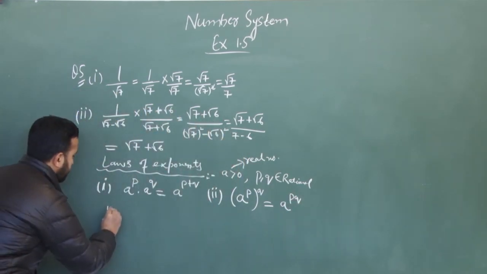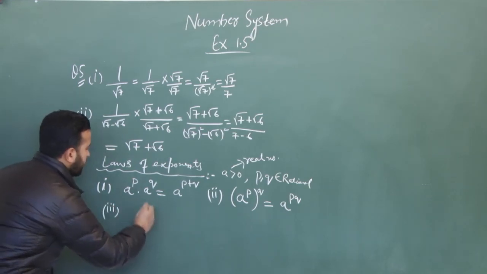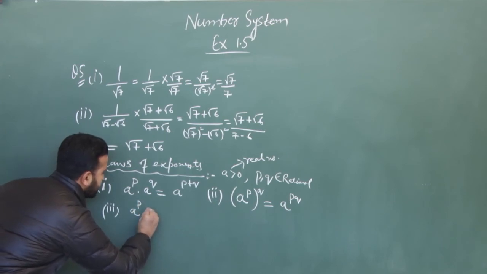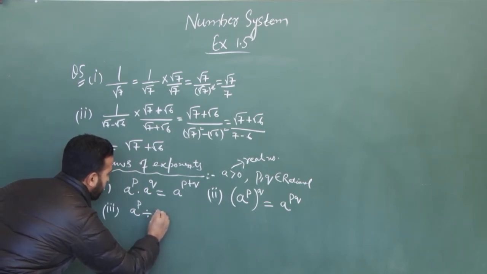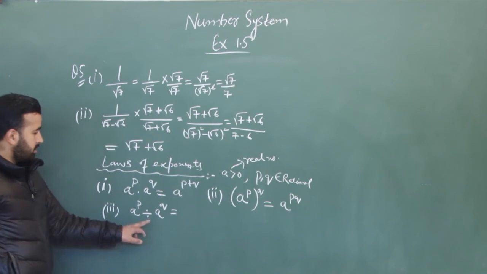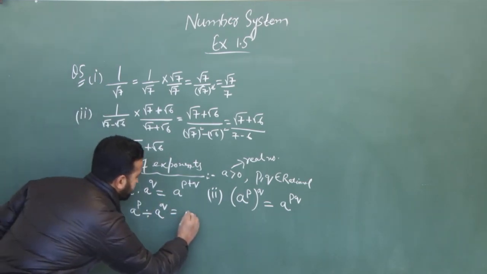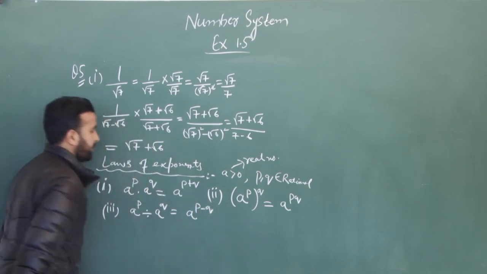Then third, in case we use the quotient of the numbers, that is the division operation, a raised to the power p and a raised to the power q, in this case we have to remember that these powers will be subtracted. So it will be a raised to the power p minus q.